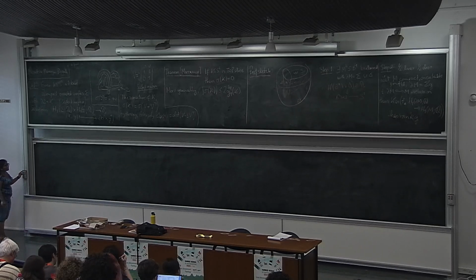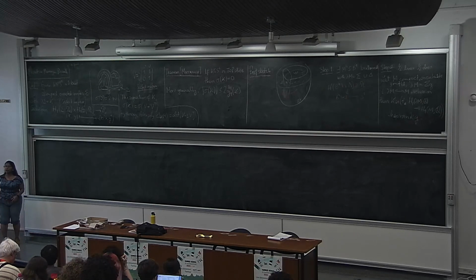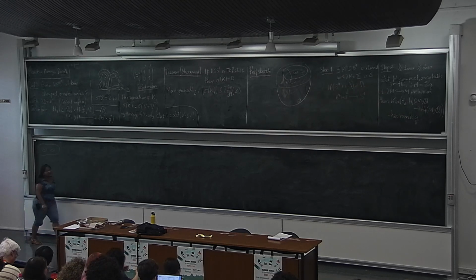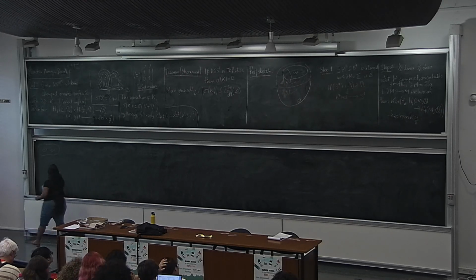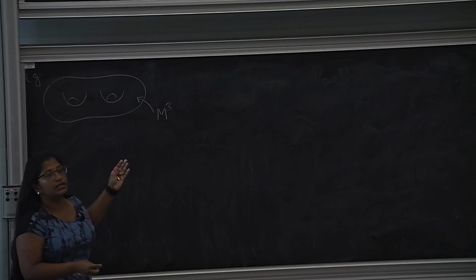So the intuition for that result is the following. Take the most obvious compact orientable three-manifold with boundary a genus g surface, namely the handlebody. Let's draw the handlebody of genus 2, which is M3, and the boundary is the genus 2 surface.